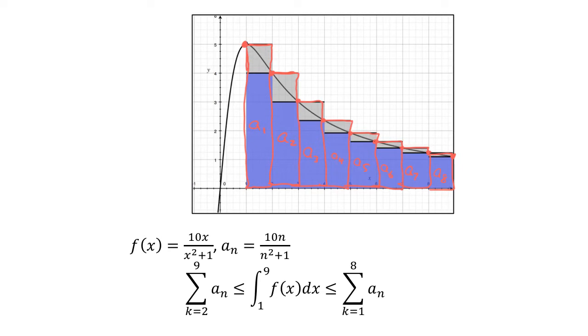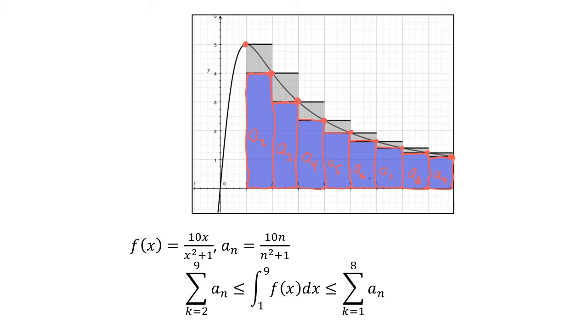Let's look at the blue rectangles. This first blue rectangle, its height is what happens at the right endpoint at 2. So at 2, that's a sub 2. That's height a sub 2 with width 1. And so this is a sub 2. And then we'd have a3, a4, a5, a6, a7, a8, and a sub 9.